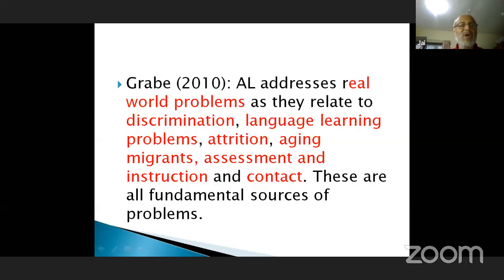And at one point of time, initially, I heard that 9 people committed suicide every year, because it was very difficult for them to settle down in a new land without the language of that country. And also assessment and instruction and the language content. These are what Grabe says are fundamental problems. So we will deal with these problems and we'll categorize them at the macro level later on.